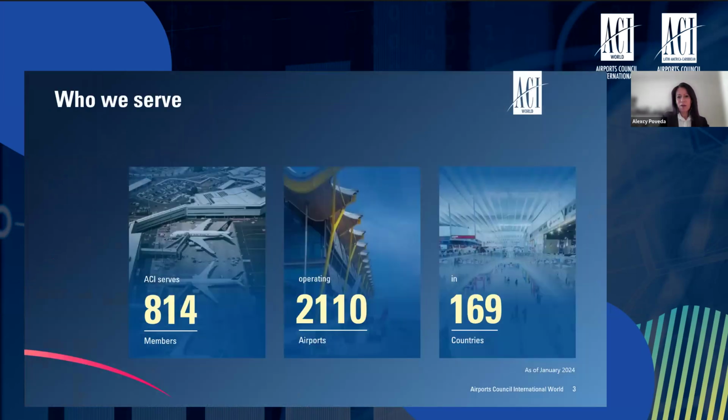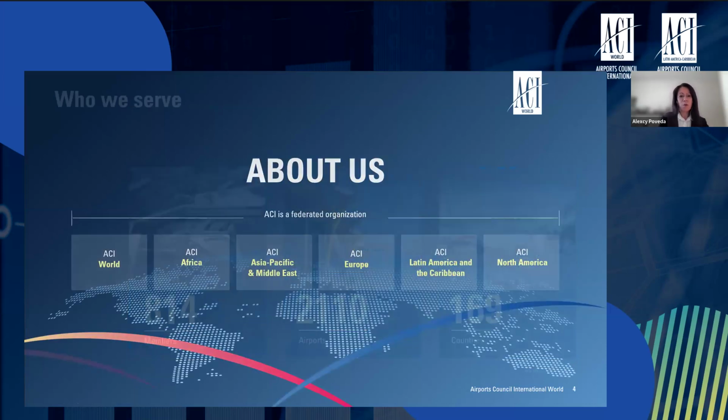These are our most recent numbers. We serve 814 members that are operating 2,110 airports distributed among 169 countries. So we certainly have worldwide coverage. We're happy to serve members like some of you.